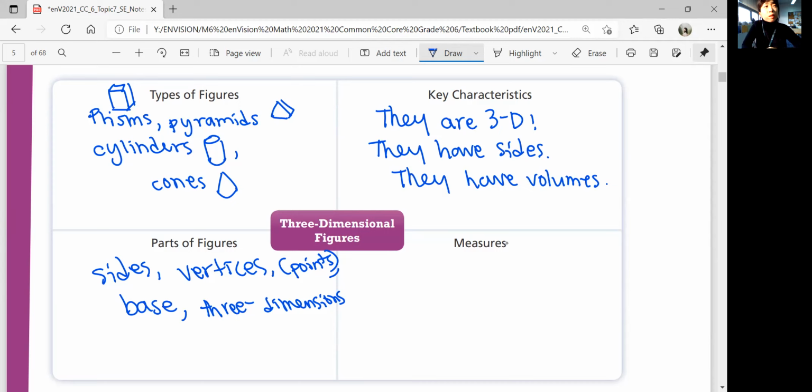So you've got 3 dimensions. So for measures, you can measure volumes. Okay, you can measure area or surface areas, right? So there are sides that you can get areas from, and then surface area would be the area that covers the entire surface of the figure. Okay, so these are the differences between 2 and 3-dimensional figures.